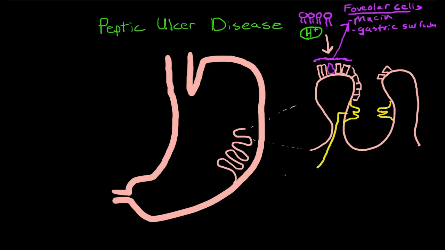These are parietal cells. Now, parietal cells pump out hydrogen ions. I'm not going to get into the chemistry of just how they do that in this video, but just be aware that their major role is to produce acid when stimulated, and we'll talk about how they're stimulated in a few minutes.